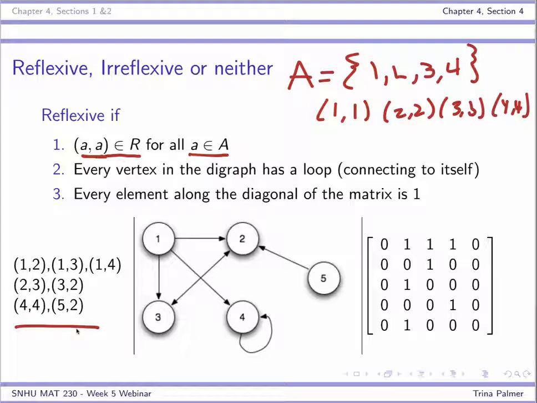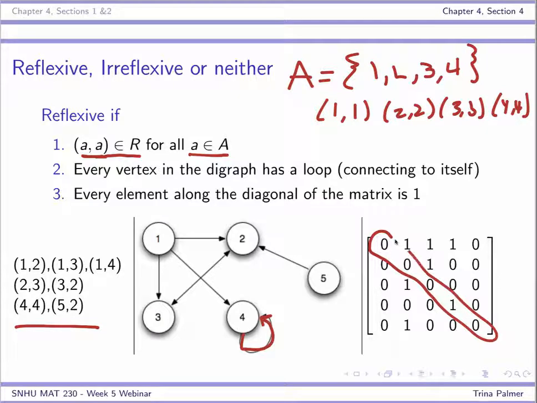You can look at the pairs to do that, or if we look at the graph, you can tell a graph is reflexive if every vertex has a loop. Only 4 has a loop, so that tells me it only has (4, 4). Again, it's not reflexive because it doesn't have the others. And if you're looking at the matrix, the diagonal is this portion.